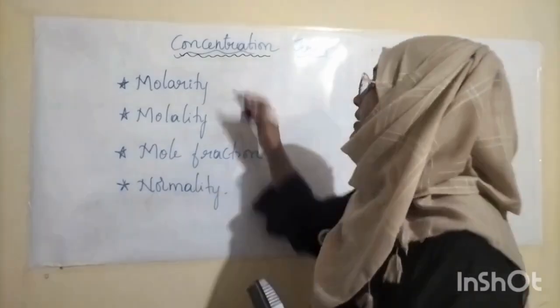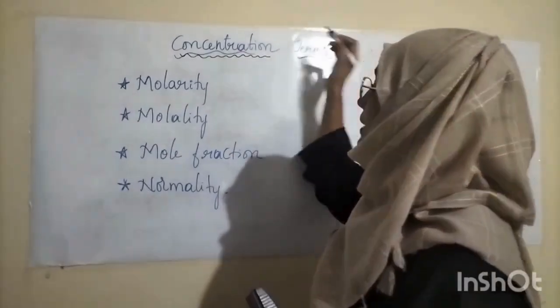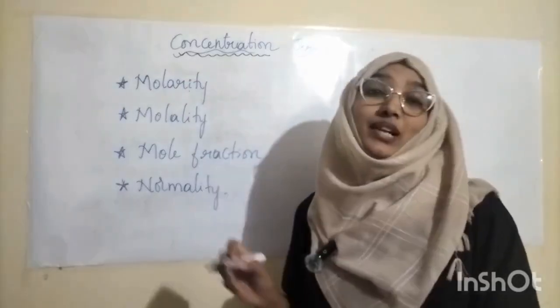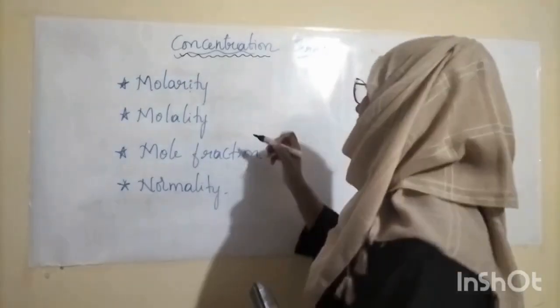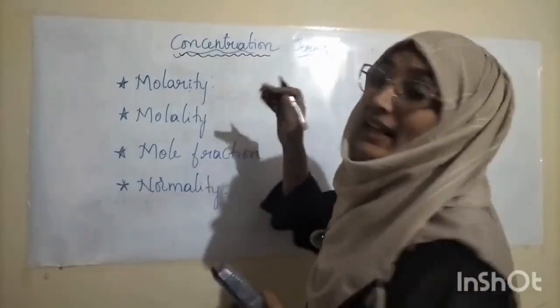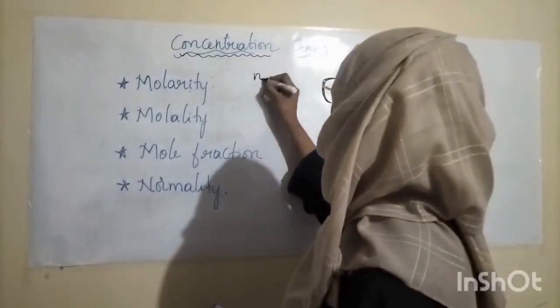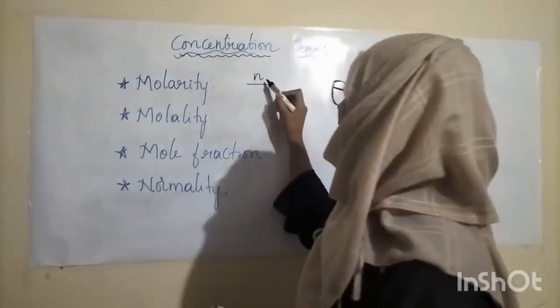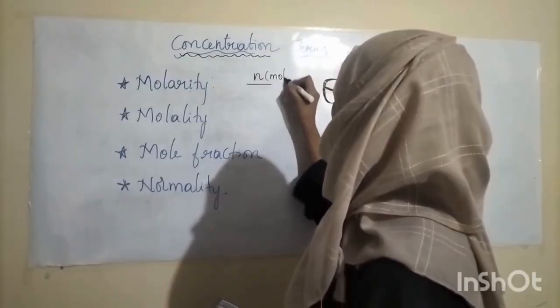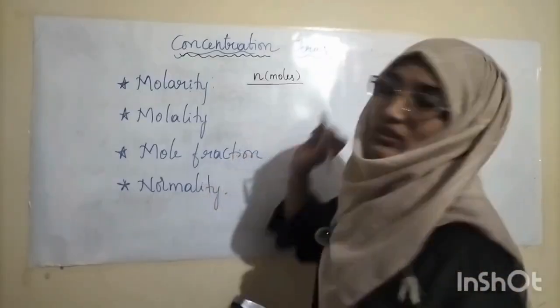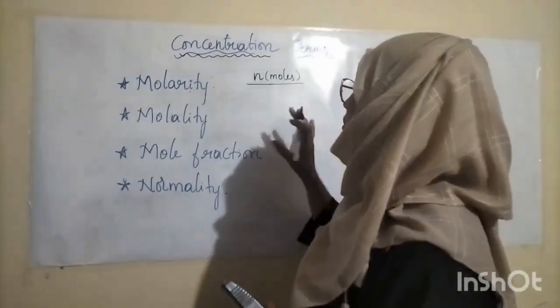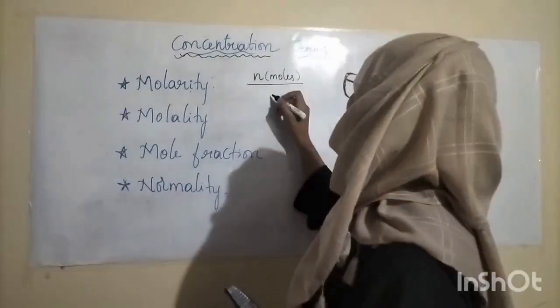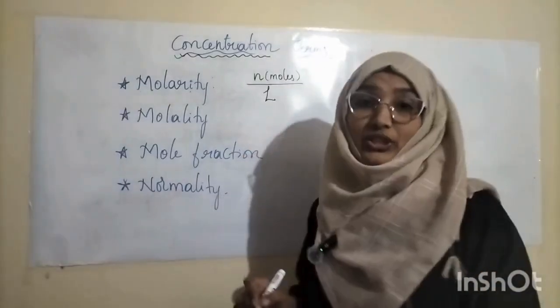Right? So when we consider liquid solutions, when we say molarity, we consider any number of moles of solute. This small n represents moles of your solute. Any number of moles of solute in a liter of solution.